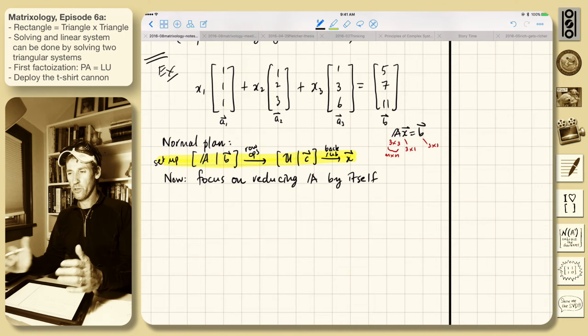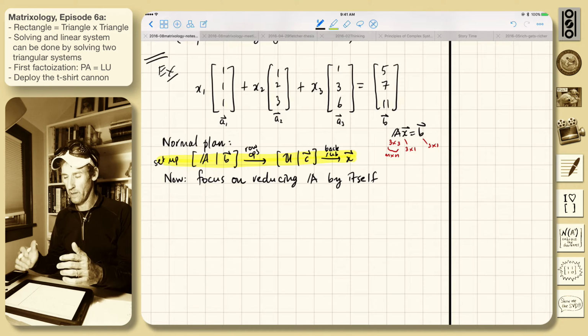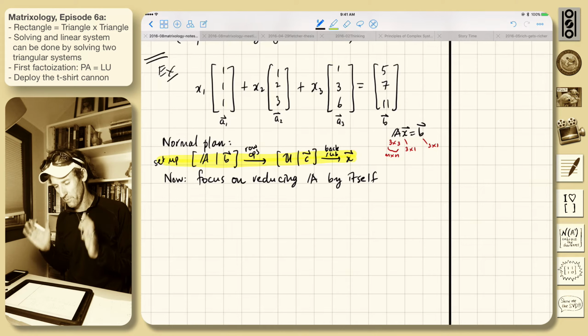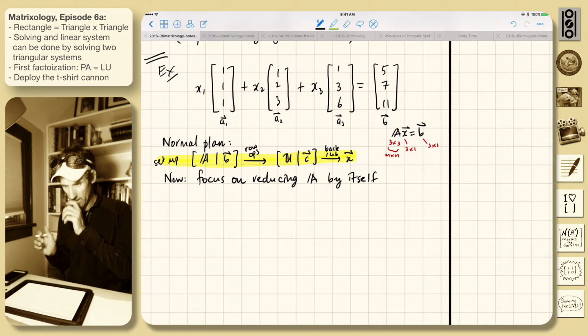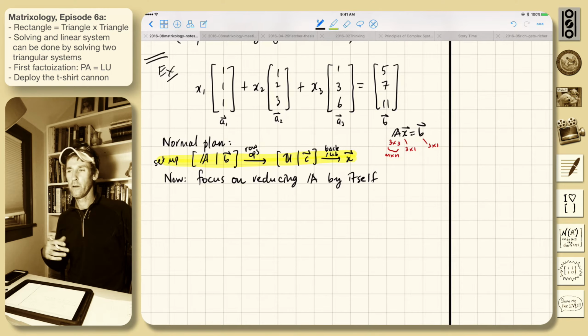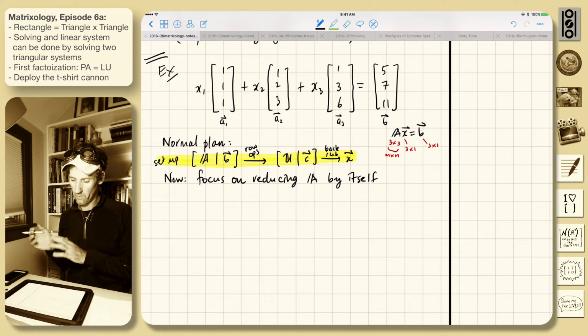So what we're doing here is breaking A up in a certain way that allows us to adjust for different b's. You have Ax equals b. You know what b is, but b could be changing, right? Someone gives you a new b and you want to solve it again. That's a lot of work, so we don't want to do row reduction over and over again for each new b.